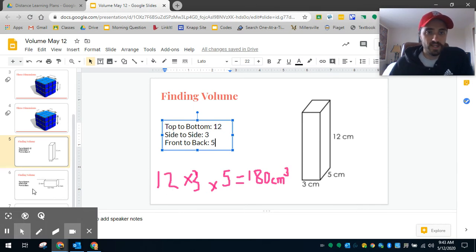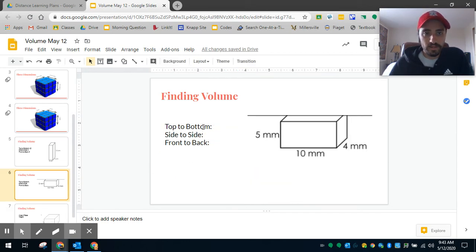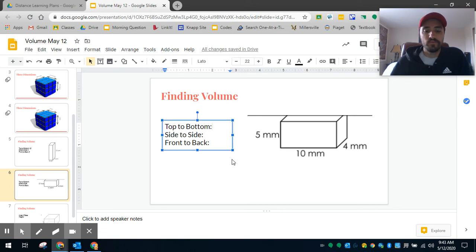All right, let's do one more together. What is the top to bottom for this rectangular prism? 5 millimeters, top to bottom.